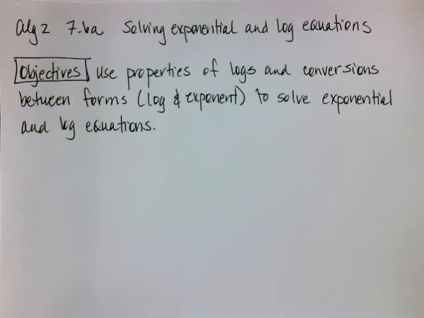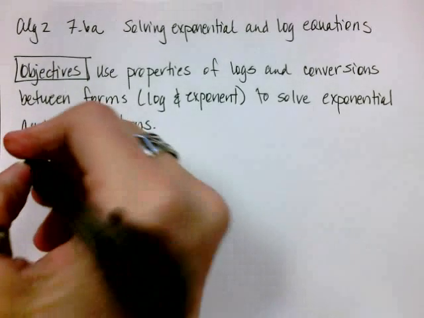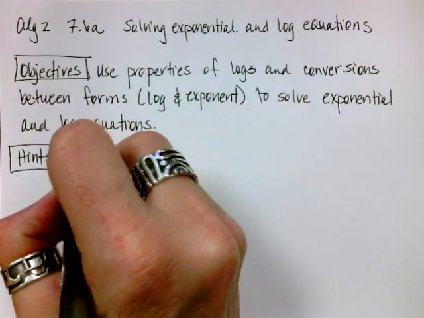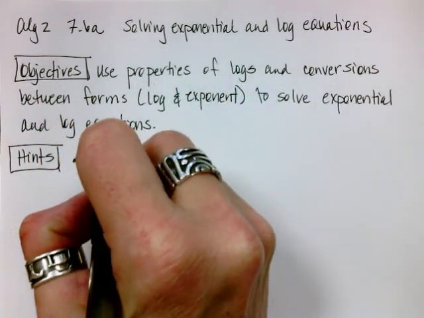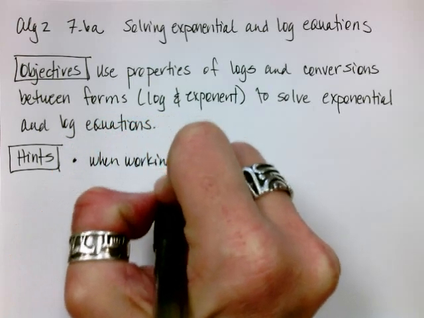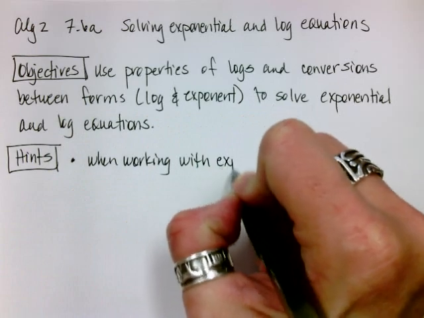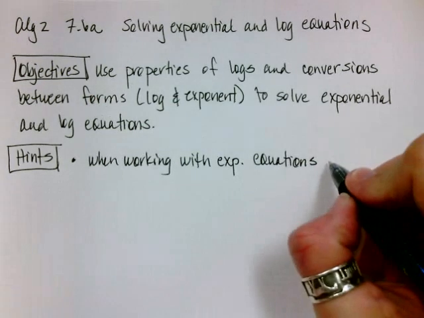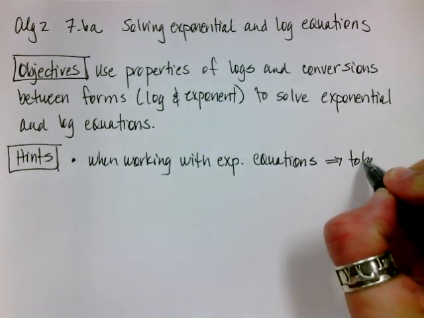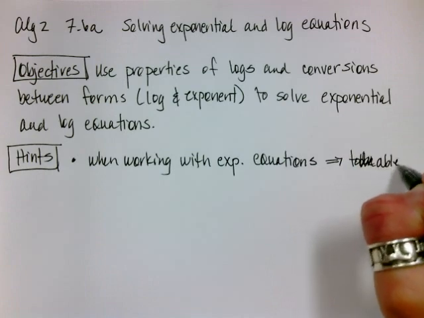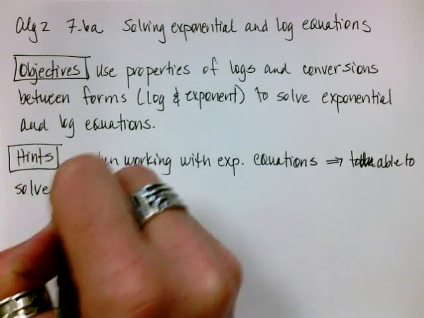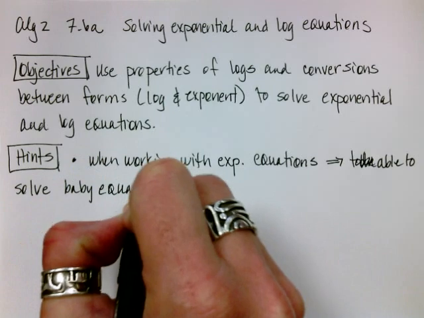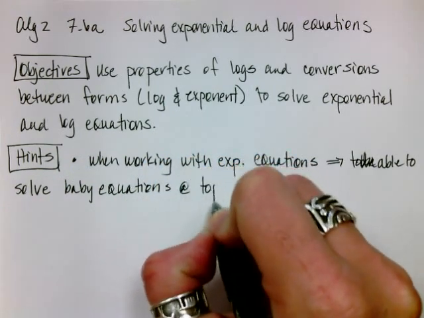All right. Before we get started, I have some hints for you. So I'm just going to write those down as we work through this process. When you're working with exponential equations, to be able to solve the baby equations at the top, the bases have to be the same.